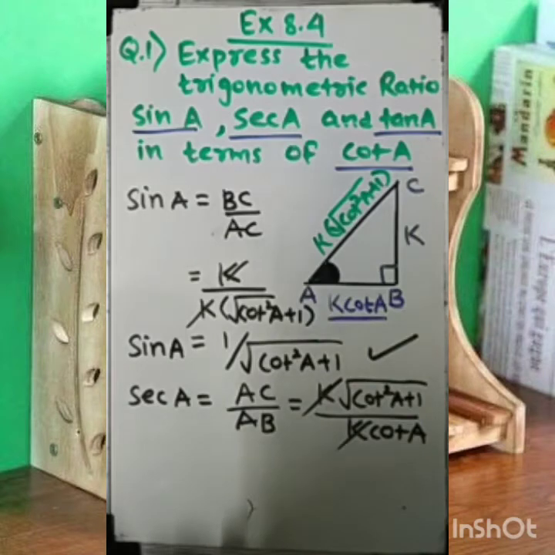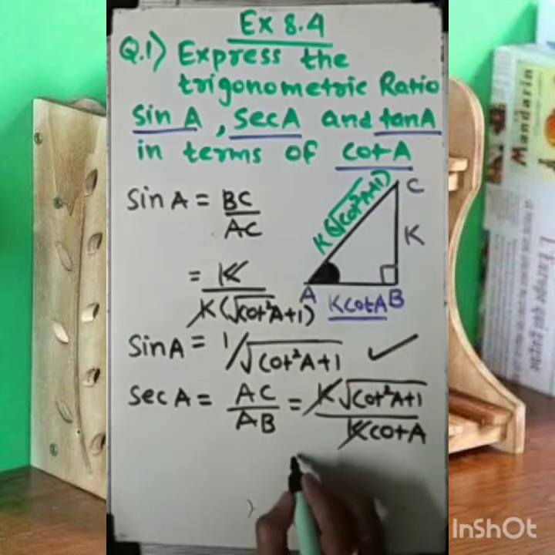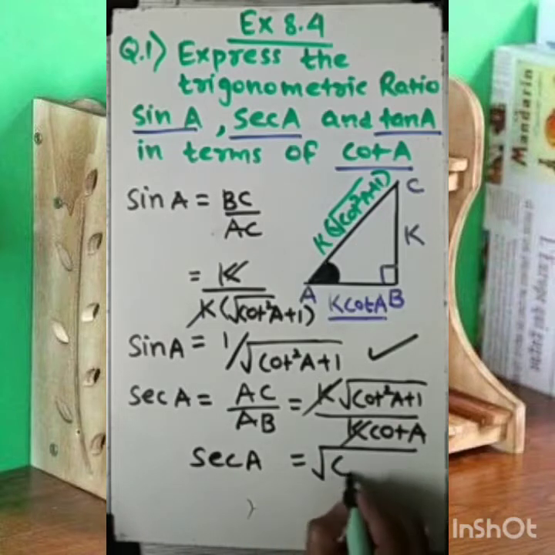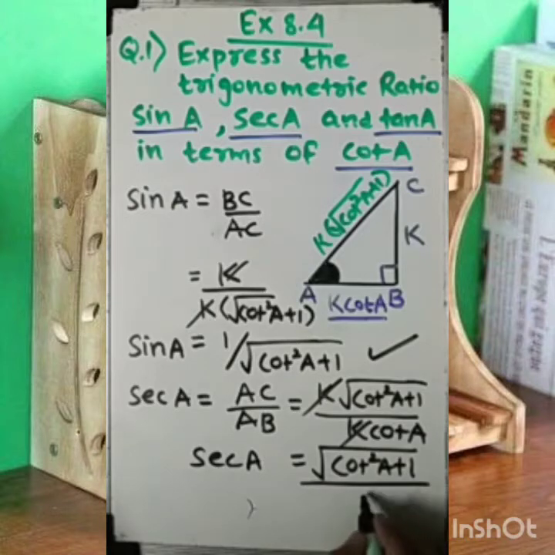So the value of sec A will be square root of cot square A plus 1 upon cot A. Got it? Nothing, only K K cancel. So whatever is left I have mentioned.